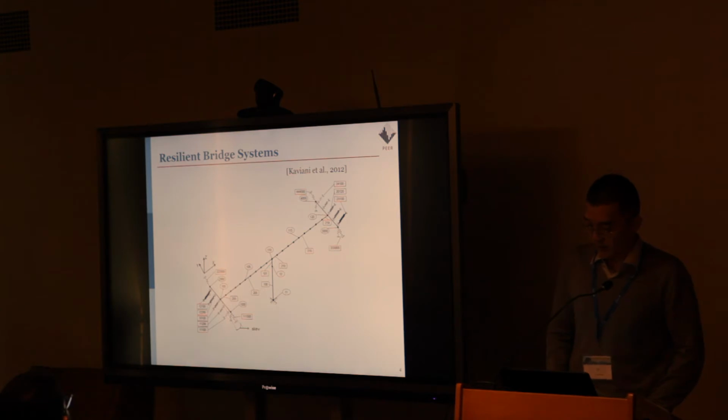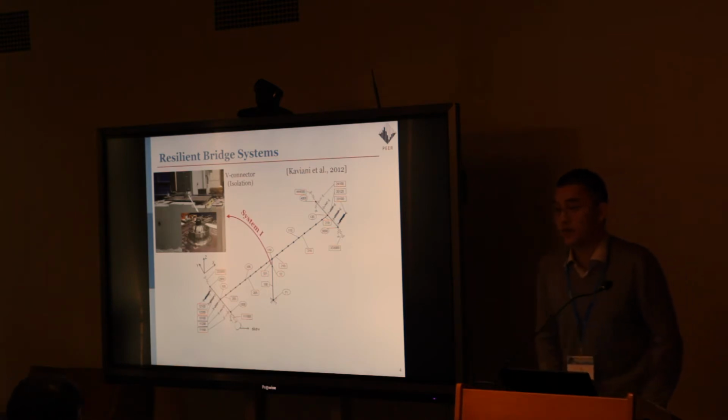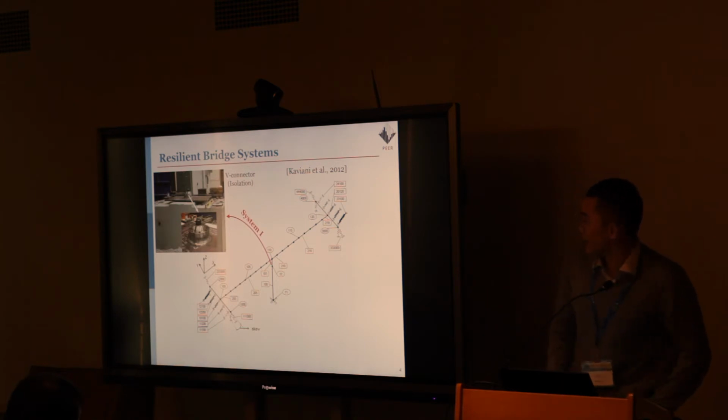So two different resilient bridge systems have been investigated by our group. The first one is the hybrid simulation of a V-connector, which is an innovative connecting device. And this test was completed in the year 2018. In this test, the V-connector itself is the experimental substructure, and the rest of the bridge is simulated as the analytical substructure.